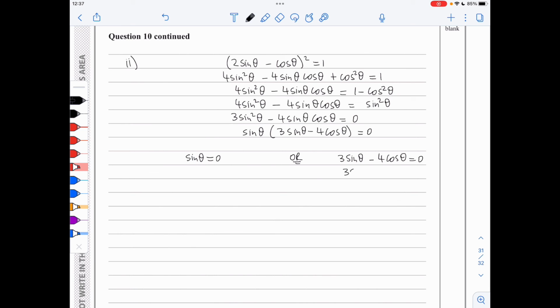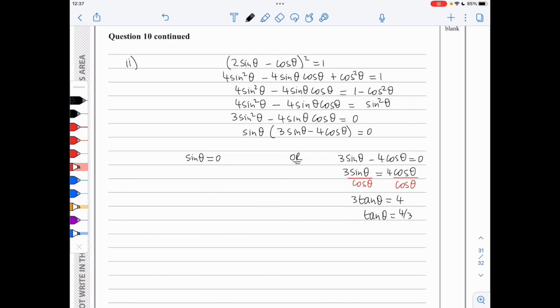So this means that 3 sine theta is 4 cos theta. I could divide both sides by cos theta in order to recover a tan theta on the left hand side. So this means that 3 tan theta is 4. So tan theta is 4/3.